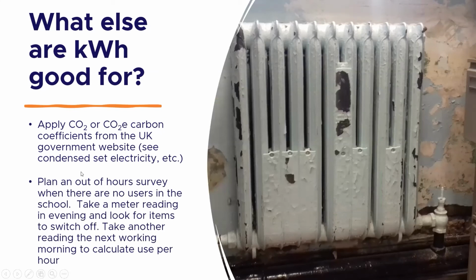Secondly, another good use of your kilowatt hours is to conduct an out of hours survey. So this is actually looking around the school when there's no major energy use going on, usually at the end of a working day. The people conducting the survey take a meter reading at the beginning, gas and electricity in most cases, then look for items to switch off that don't need to be on, and then take another reading the next working morning.